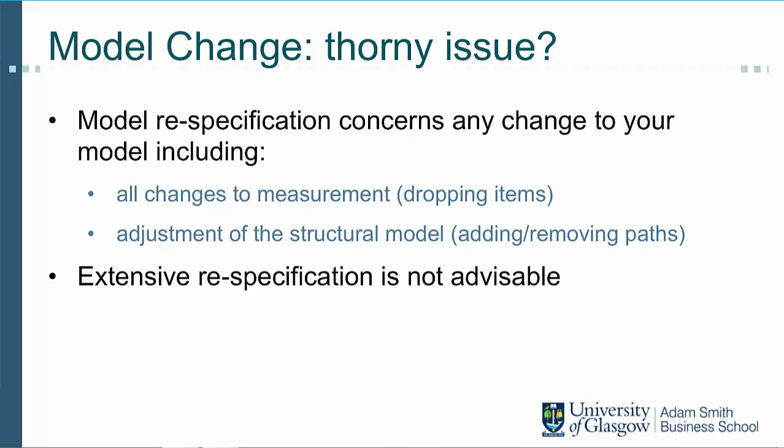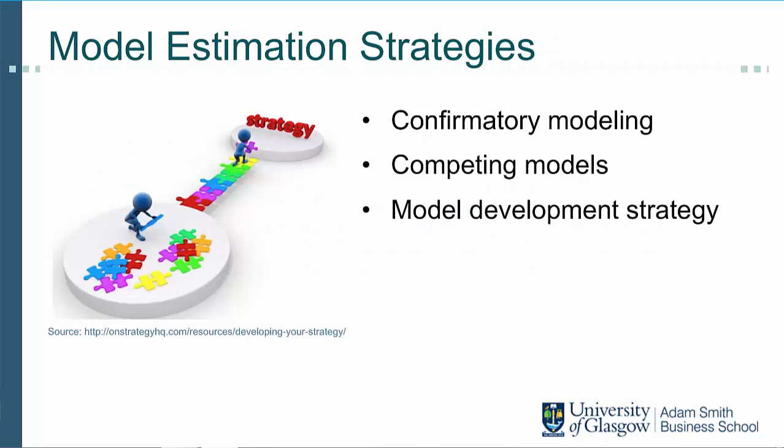For example, dropping 12 items from a large battery of items is less consequential and may be less detrimental to the model. Saying that, it is important to recognize that Hair's thinking is largely based on one strategy of estimation, a confirmatory strategy.